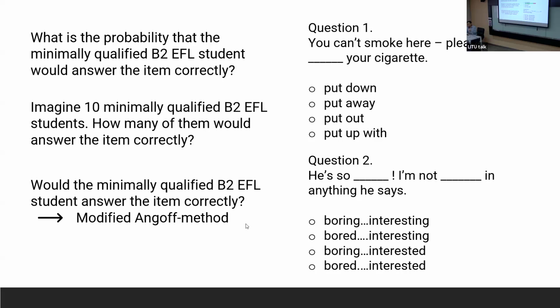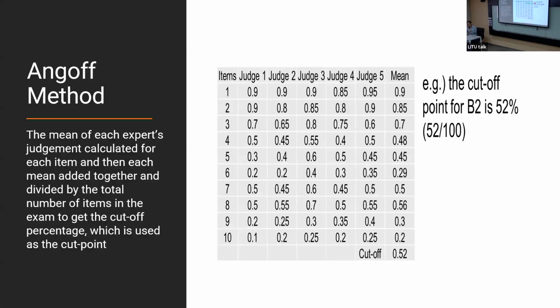And then what's your probability? Question 2, marginal B2 level. Give me the number. 100%. Okay, so if you're minimally qualified B2, 100%, right? But see, it's quite difficult to estimate probability, right?